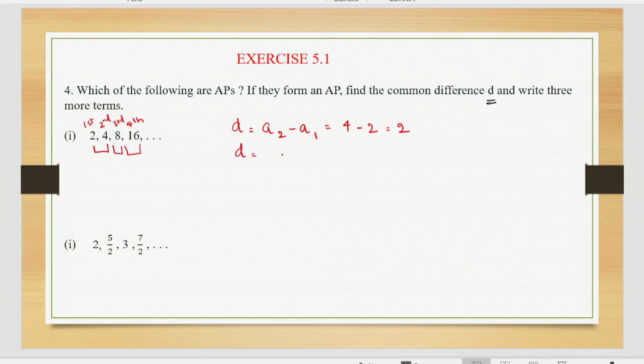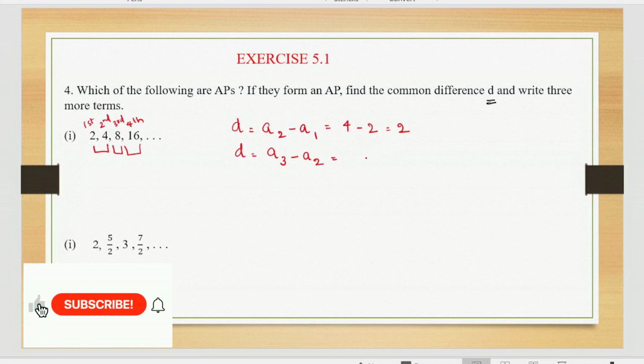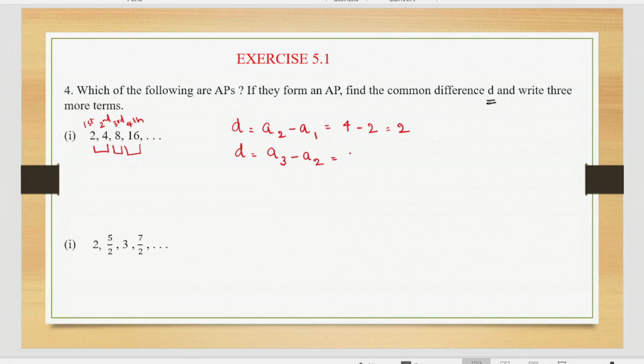And the common difference for the next two terms, that is A2 and A3, we will subtract A2 from A3, that is A3 minus A2. A3 is 8 minus A2 is 4. 8 minus 4 is 4. So the common difference for the next two terms, that is A4 minus A3: A4 is 16 minus A3 is 8.